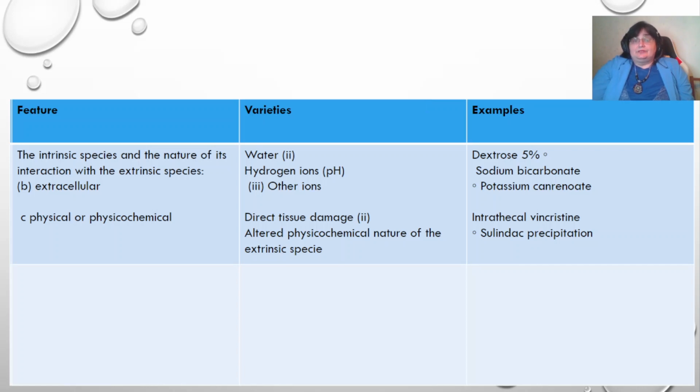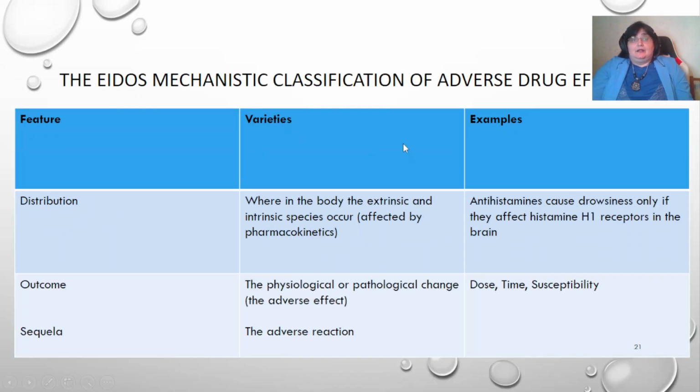It can be water, dextrose 5% for example, hydrogen ions, pH, sodium bicarbonate, and other ions, potassium. Physical or physicochemical: direct tissue damage, intrathecal vincristine; altered physicochemical nature of the extrinsic species, insulin-duct precipitation.